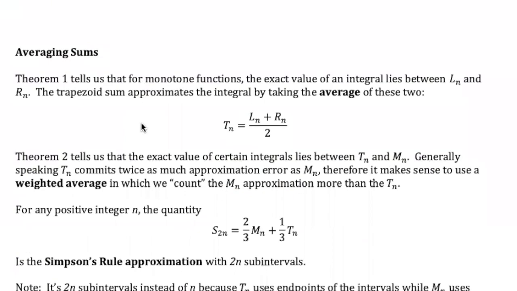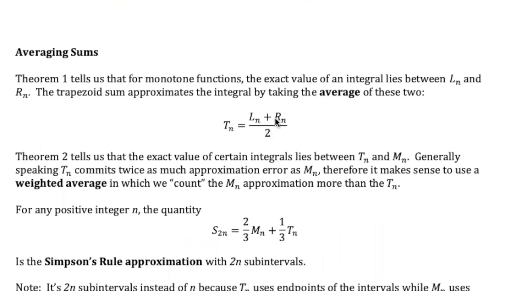So we've got this idea that we can trap an integral. To find an even better approximation, Theorem 1 tells us that for any monotone function, the exact value of an integral is between the left and right approximations. The trapezoid sum does find an average of those two.